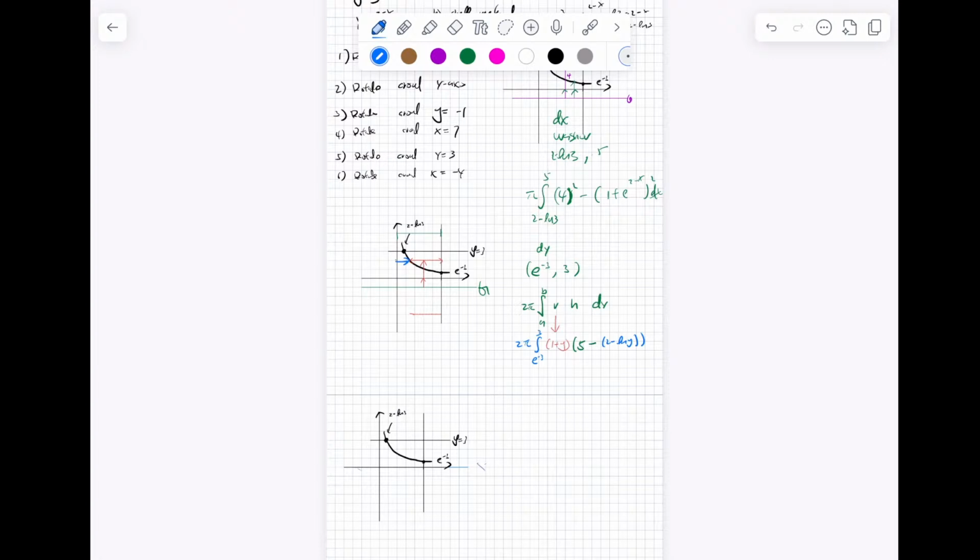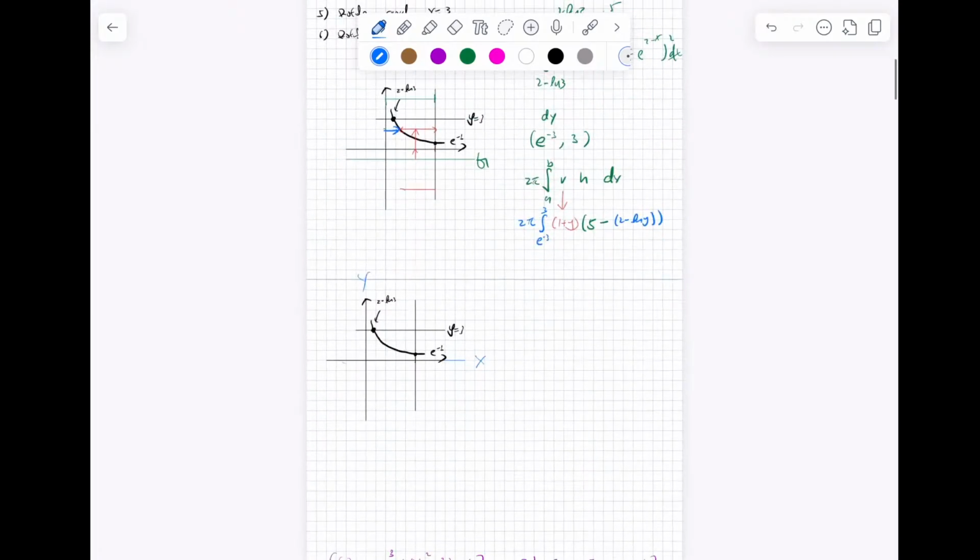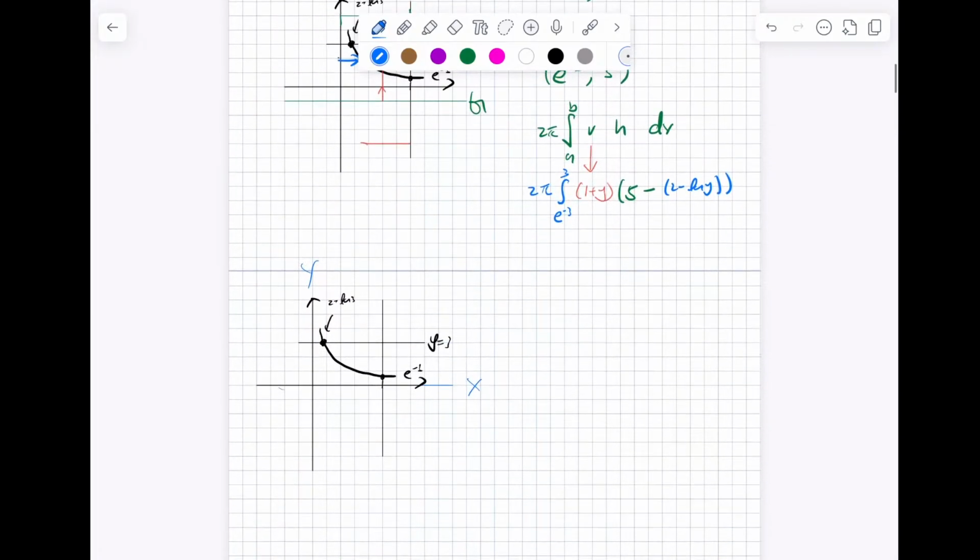Look, this is the x-axis, this is the y-axis. So x equal to 7, it's gonna be all the way to right here.